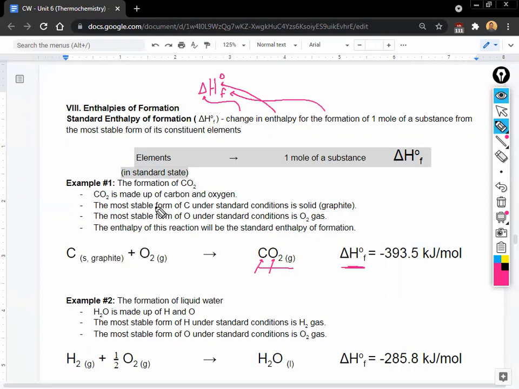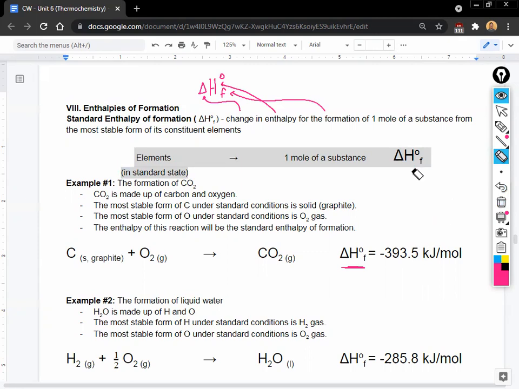So for carbon, the most stable form of carbon is a solid called graphite. It's the stuff that's at the end of your pencils. Okay. The most stable form of oxygen is oxygen gas, O2 gas. So C plus O2 makes CO2. And then the enthalpy of formation is going to be right here, negative 393.5 per mole.